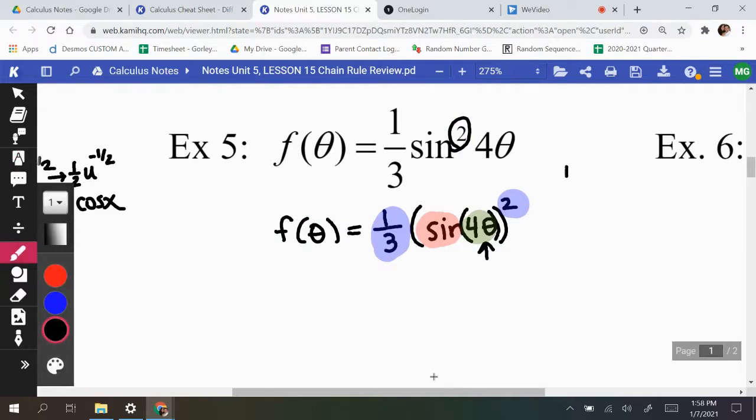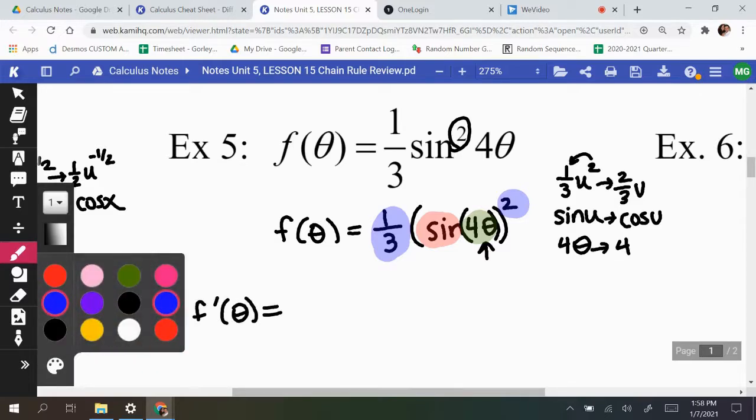We've got 1/3 u squared as my outermost layer. We've got sine, we'll just call it u again, sine of something. And then we've got 4 theta on the innermost part. Okay, so here if I take the derivative, we would get 2/3 u to the first. Here if I take the derivative, we'd get cosine. And here if we take the derivative, we would end up with just 4. Okay, so let's go ahead and differentiate this now.